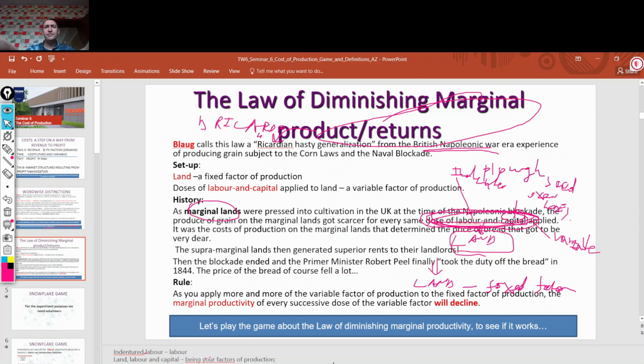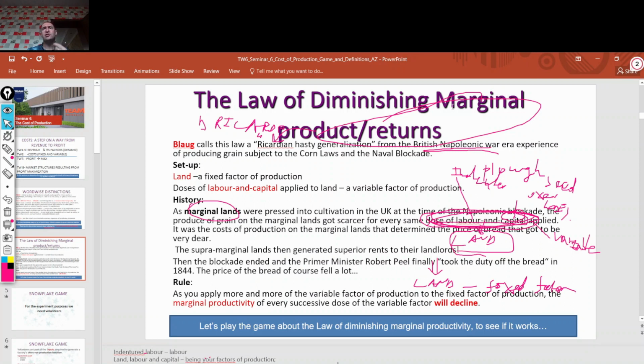The yield from each subsequent successive dose is less, and that's a statement of the law of diminishing marginal product. As you progressively apply more and more of the variable production factor to the fixed production factor, the yield on each subsequent application of land is reduced. So we have the case of diminishing yield.